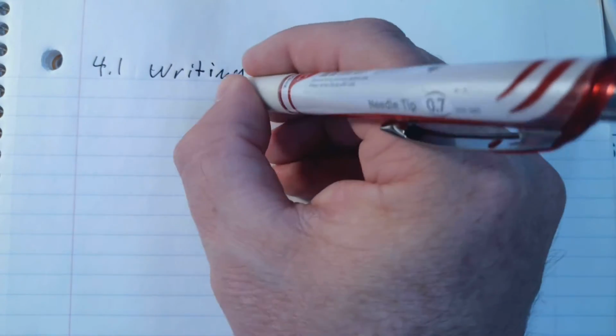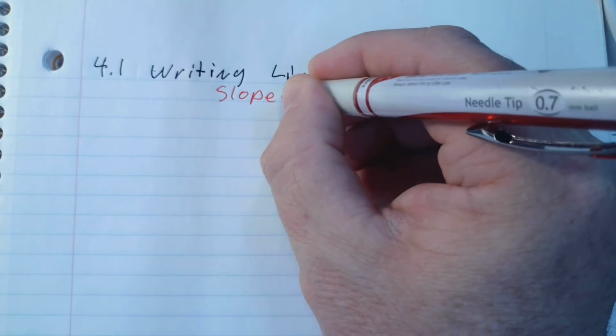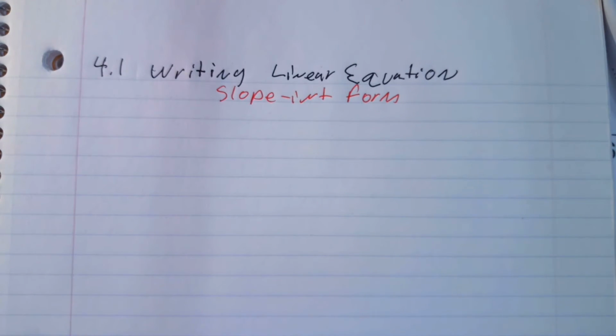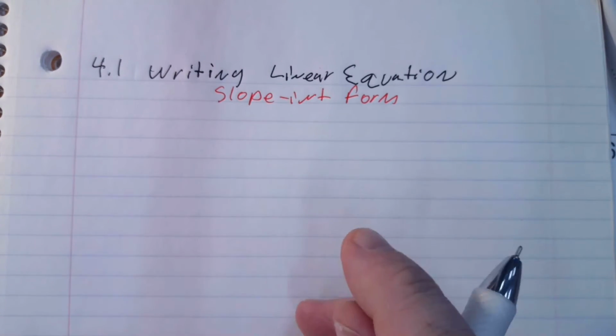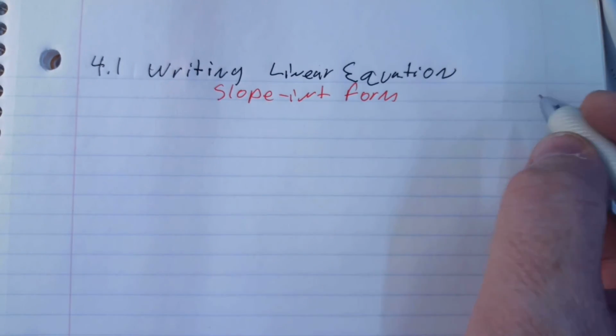In this case, we're going to write in slope-intercept form. That's all we're going to do today. But we need to go through our forms so we can write things in slope-intercept form. There are going to be 3 forms that we're going to deal with, and I'm just going to show you how that works.